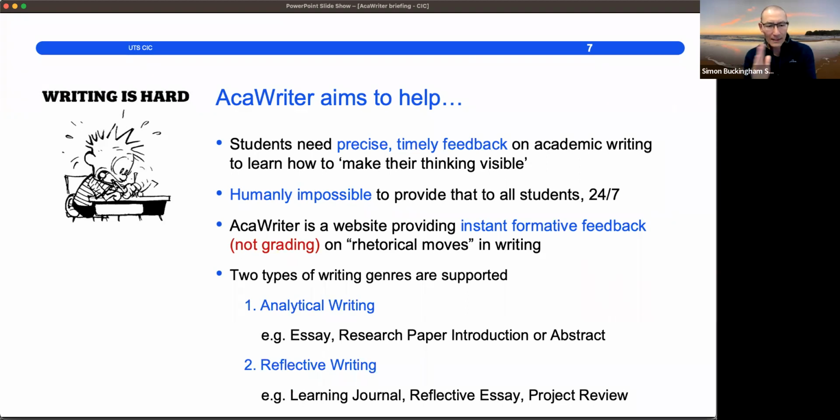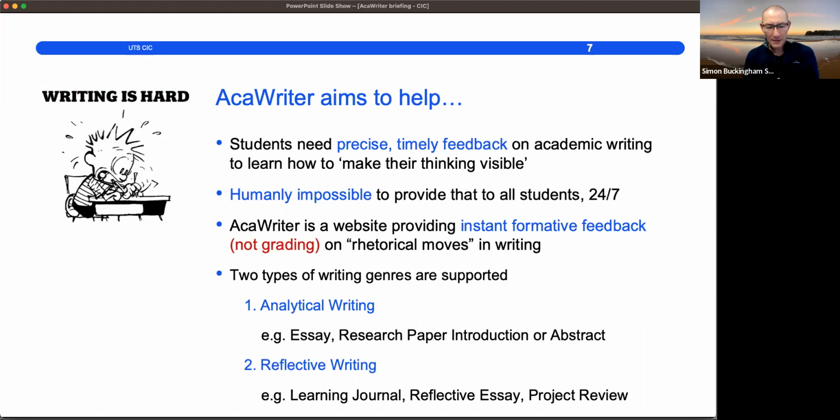One we call analytical writing. It's written in the third person, and it's the essay, the research paper, the literature review. You're demonstrating your mastery of ideas and the literature, you are making arguments, you're trying to persuade the reader of something. And it's written in an objective, analytical, rational kind of way.